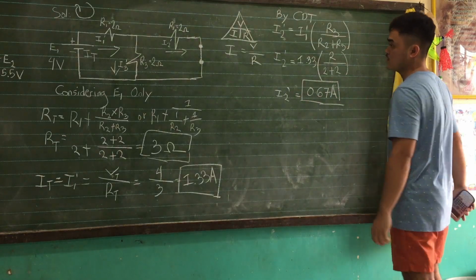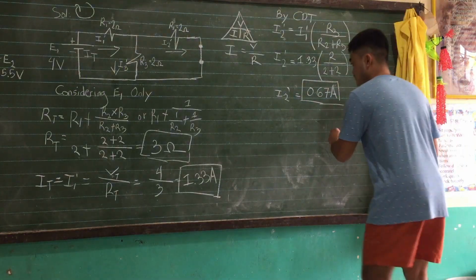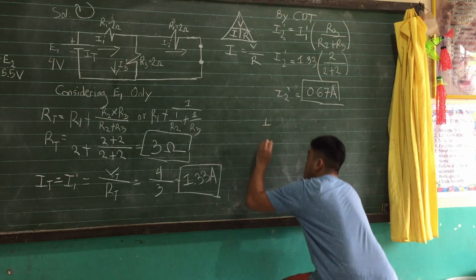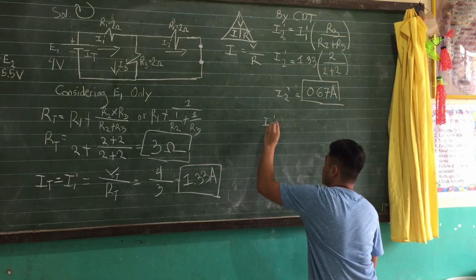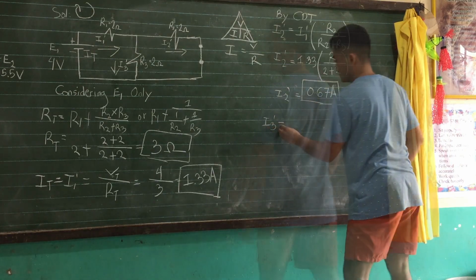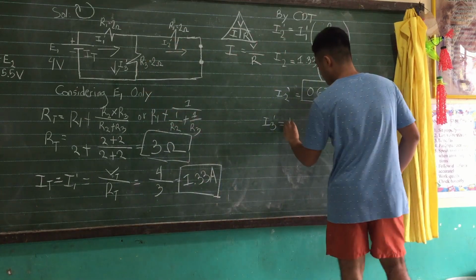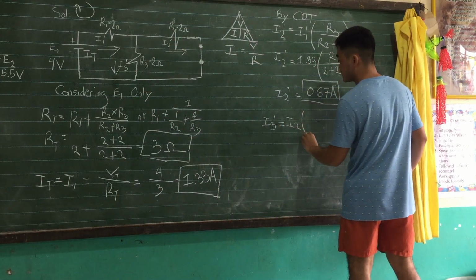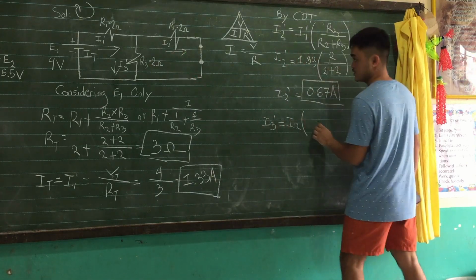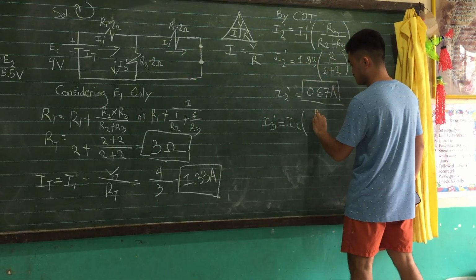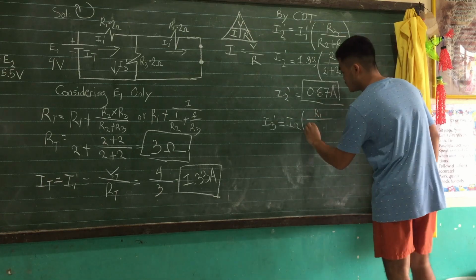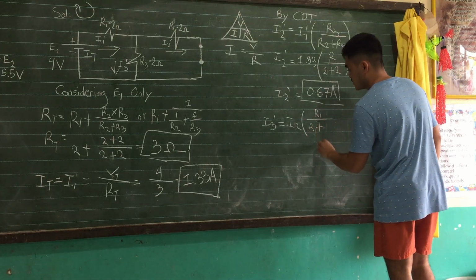And lastly, we need to find the I3 prime. The resultant current of our I3 is I2 multiplied by the opposite resistors, which is R1 over R1 plus R3.